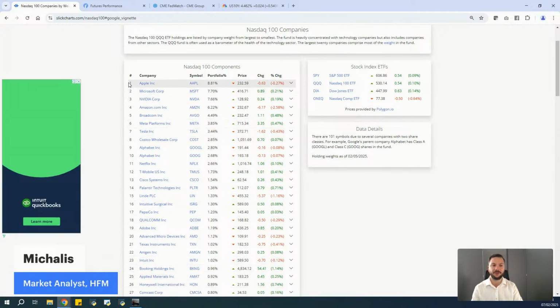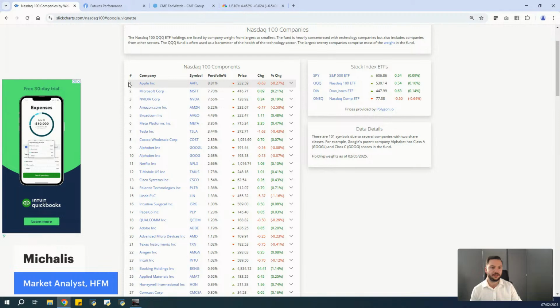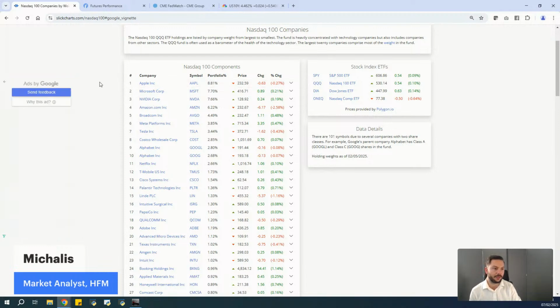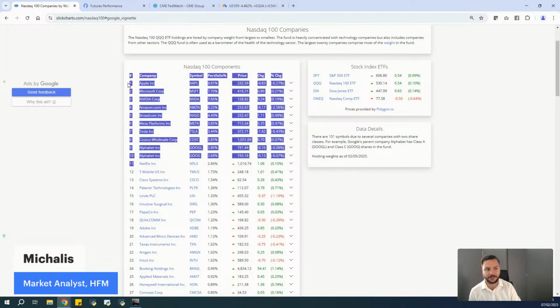Now, there's different theories. Some people may look at, for example, the NASDAQ on the 10 most impactful companies. Keep in mind, because Alphabet has 2 stock classes, it's actually 11 here. So 10 companies, but 11 stocks.